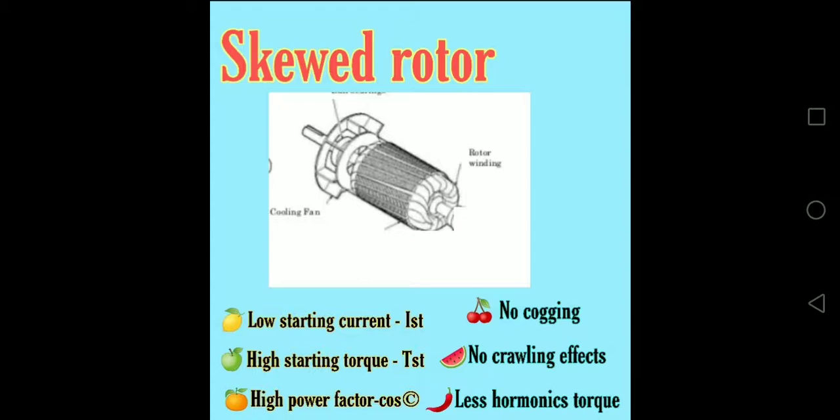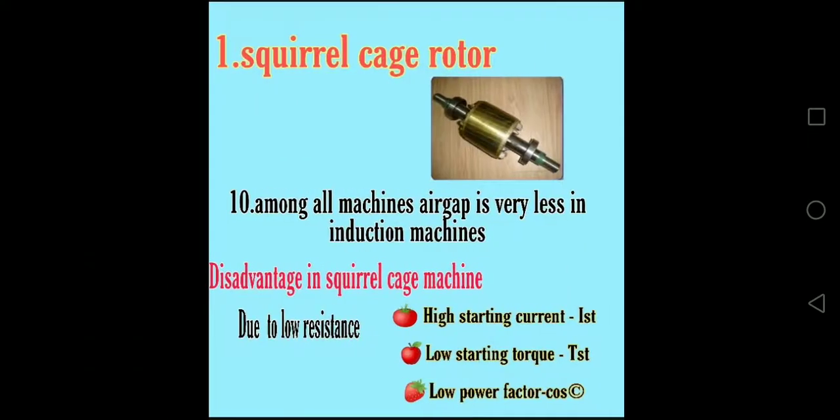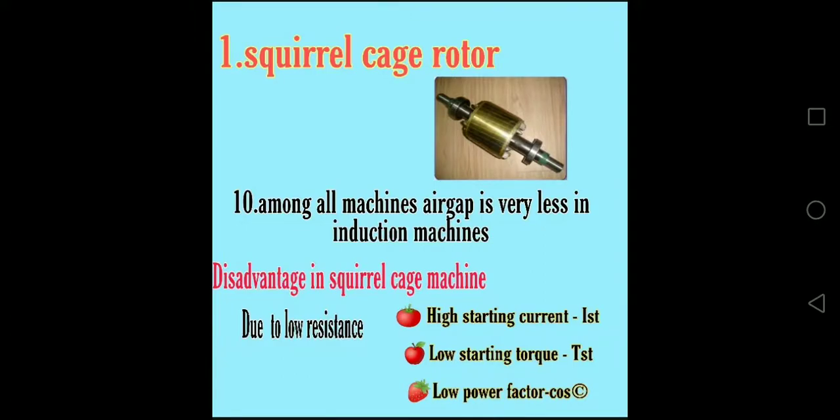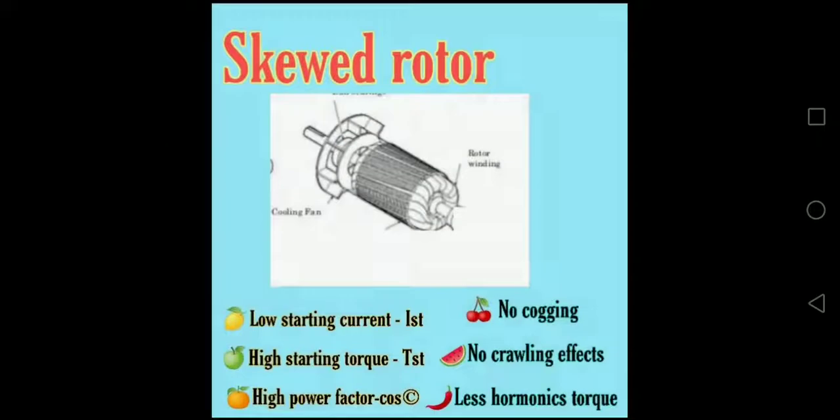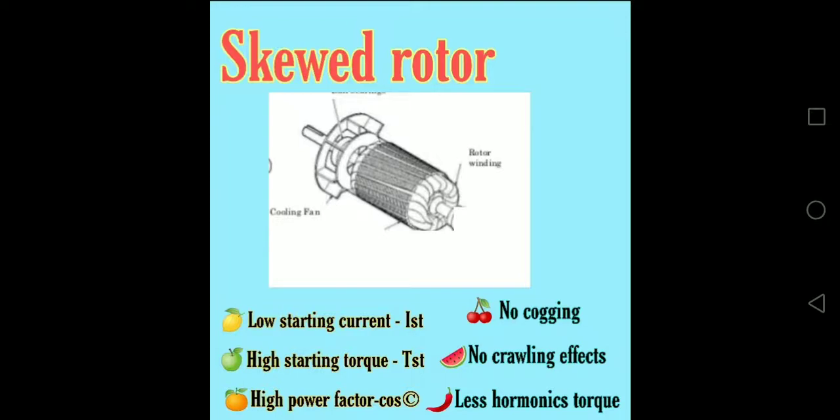When resistance is more, these three disadvantages of a squirrel cage rotor will be overcome. The first is high starting current.